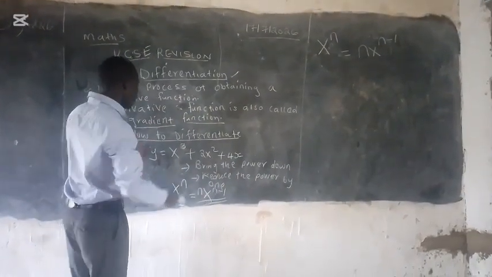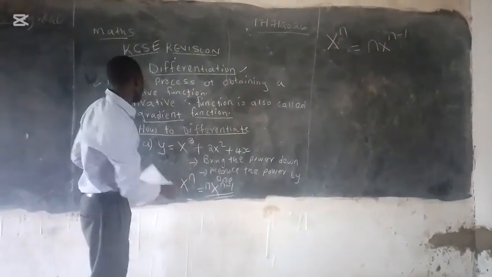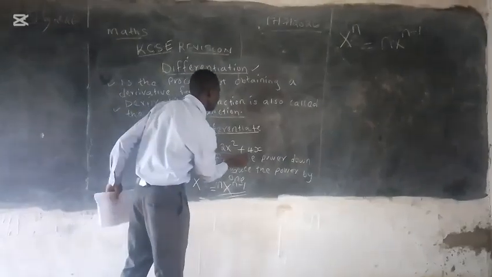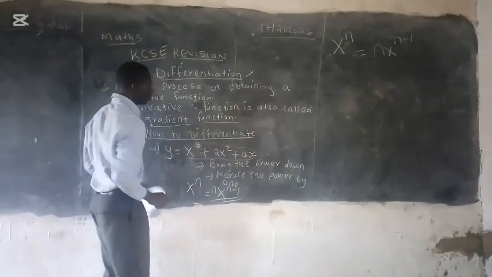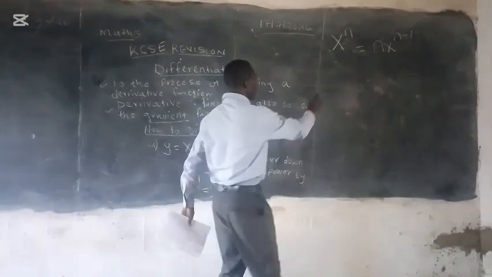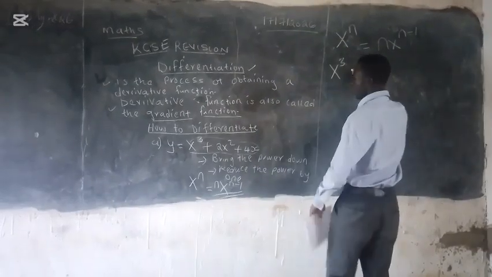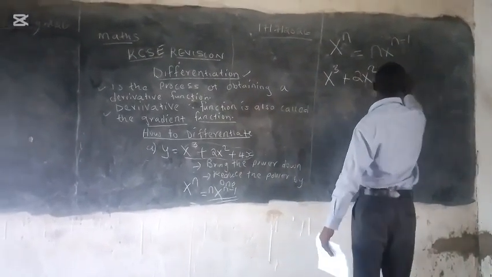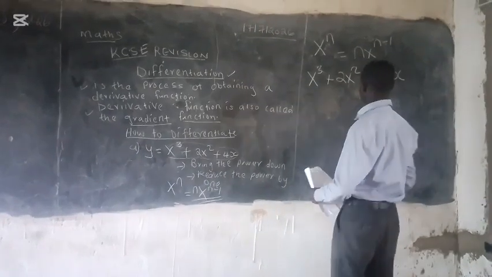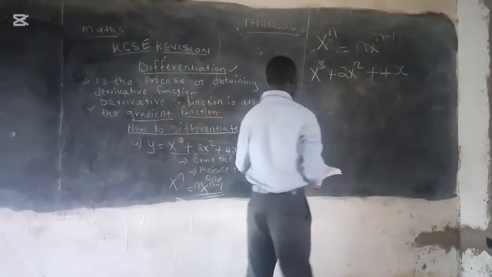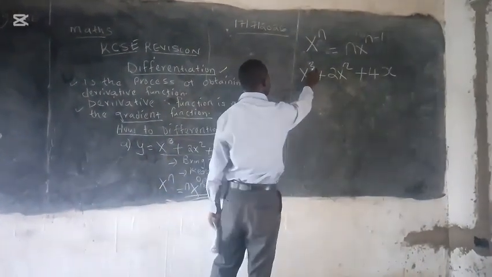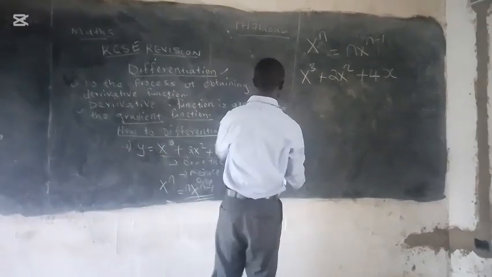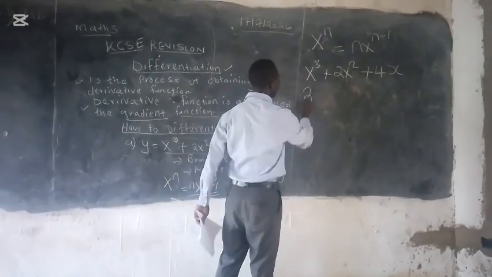Yes, students. Now, considering that, we can do an example dwelling on this. Therefore, let us do this. We have x cubed plus 2x squared plus 4x. If we have such an equation, the first step is to bring the power down. So when we bring the power down, it will be 3x.